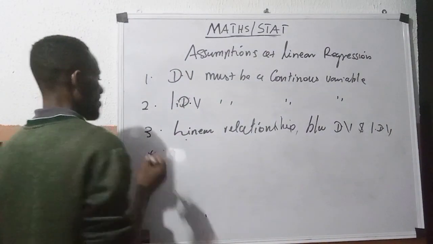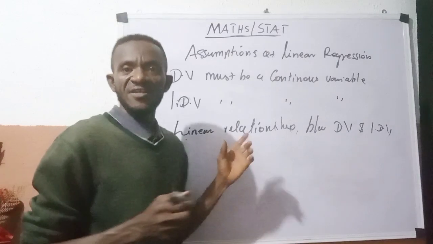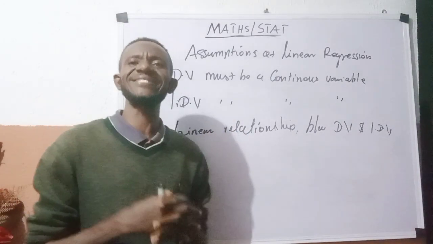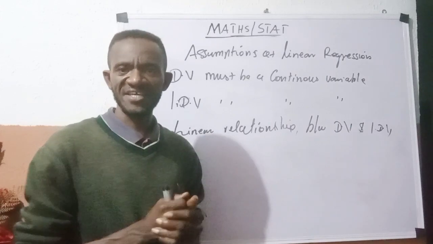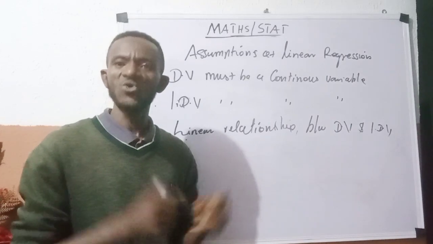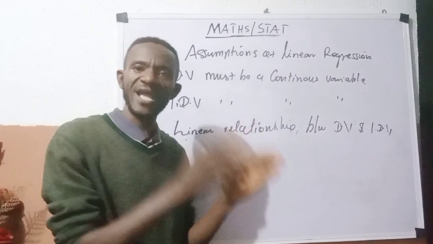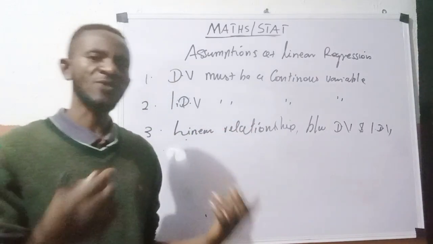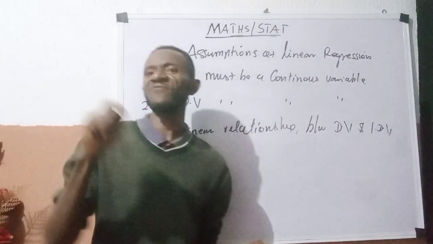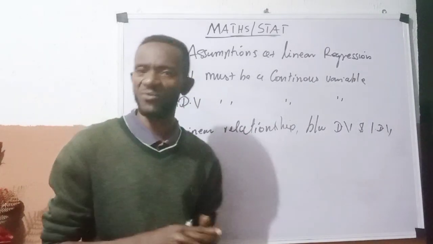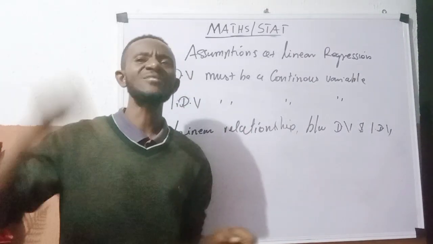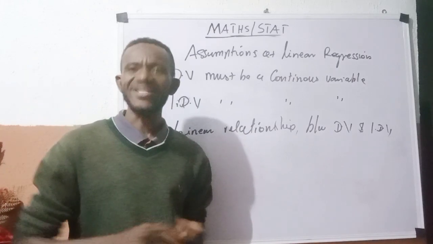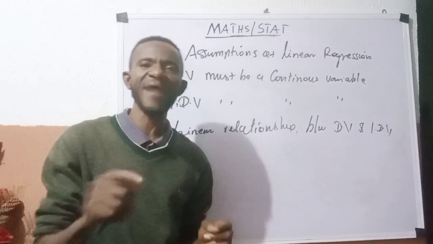Number 4. The fourth assumption says there must not be any significant outlier in the data points. What do we mean by an outlier? An outlier is the value of a response variable that is much larger or smaller than the values predicted by the model.